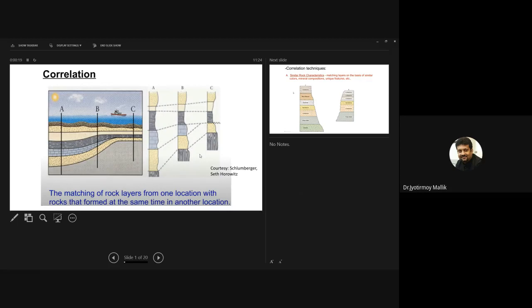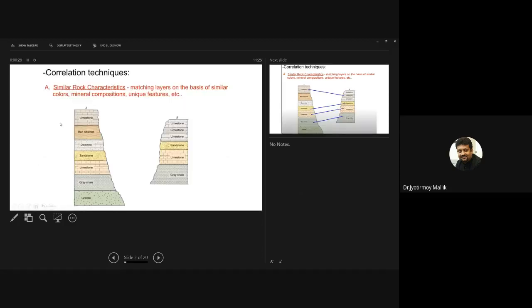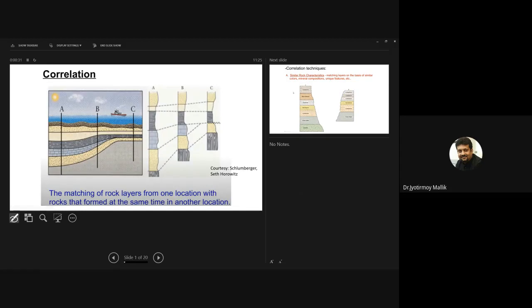The matching of rock layers in one location with the rocks formed at the same time in another location. That is essentially what correlation is all about.